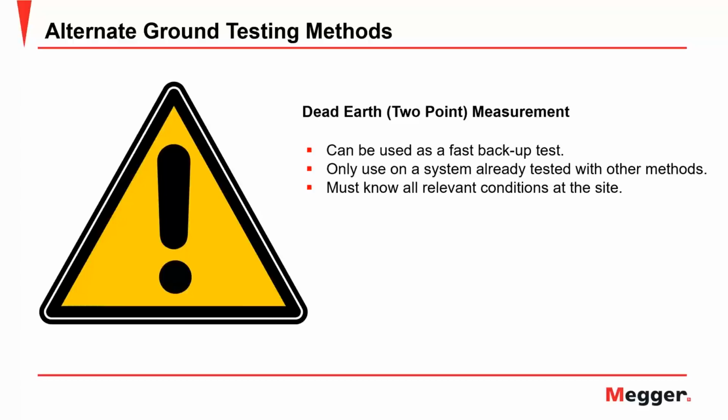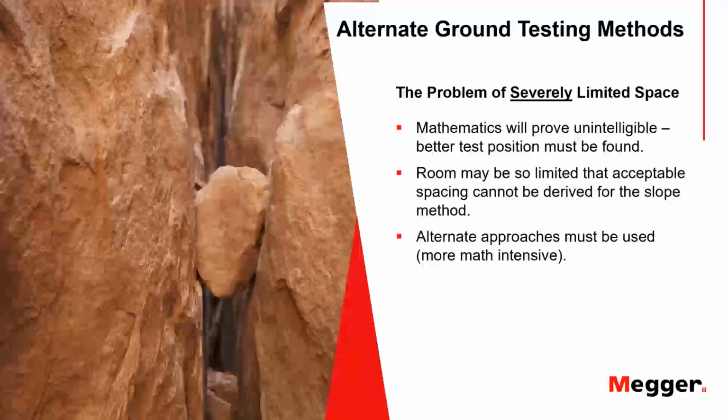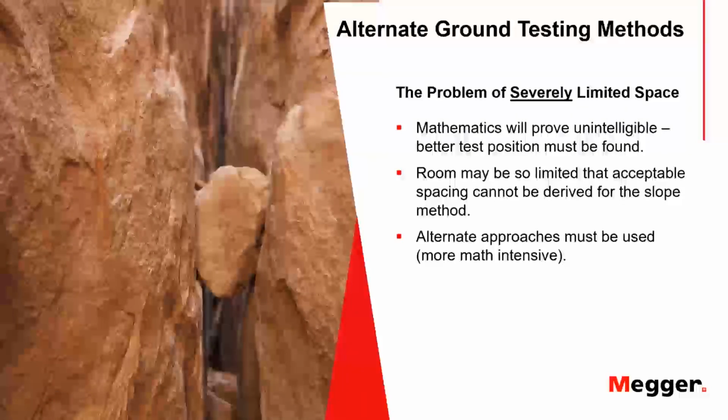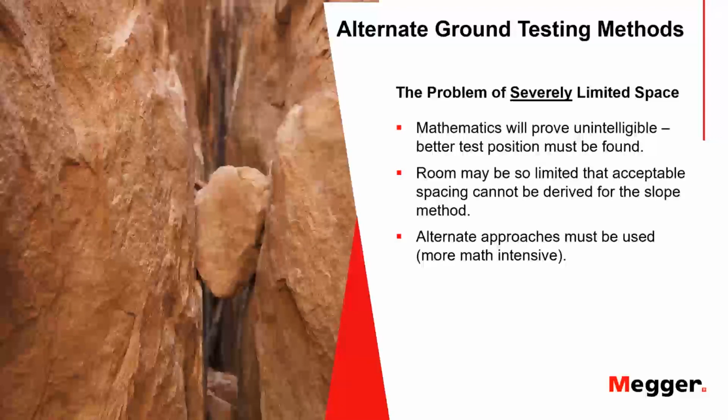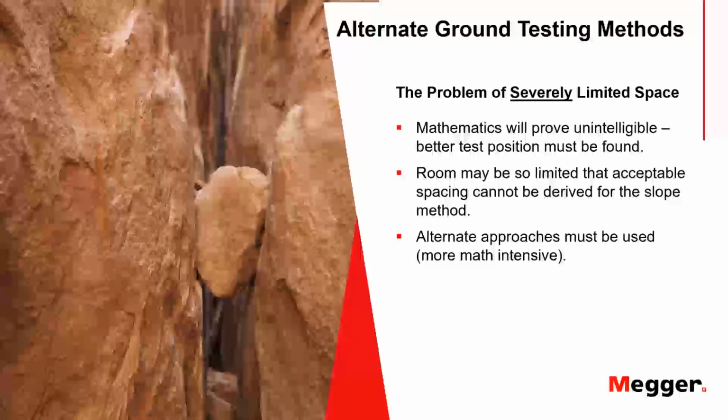So it does have some usefulness in that manner. So that segues us into a method that uses a similar test setup, a 2-point setup, but has some built-in checks on the reliability of the measurement.